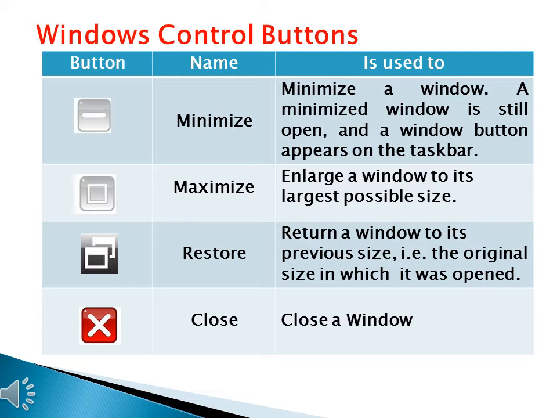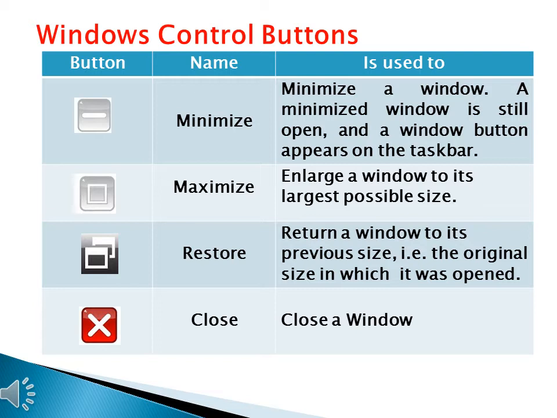Minimize the window. That means the window will be minimized. It will still be open in the background, and the symbol will be at the taskbar. That means we can hide our application, our file for the time being as long as we want.